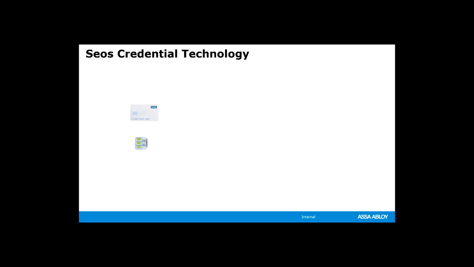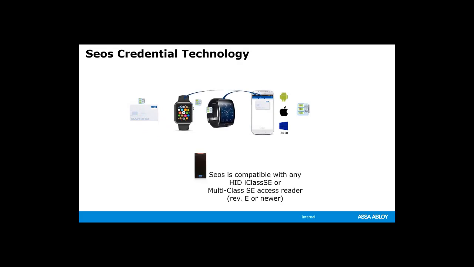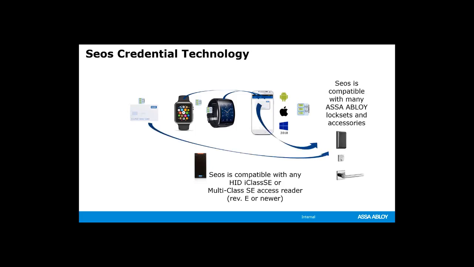Seos credentials can be put on cards, smartphones, and smart watches, and Seos will work with any HID iCLASS SE or multiCLASS SE access control readers, revision E or newer. Seos is compatible with many ASSA ABLOY access control products and also with many ASSA ABLOY locks and accessories.